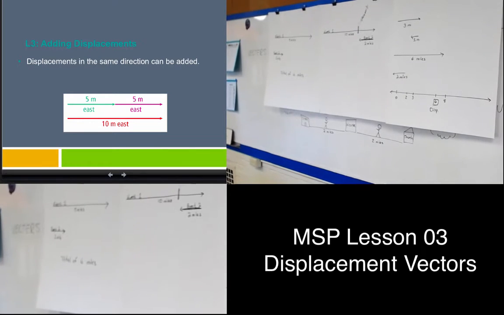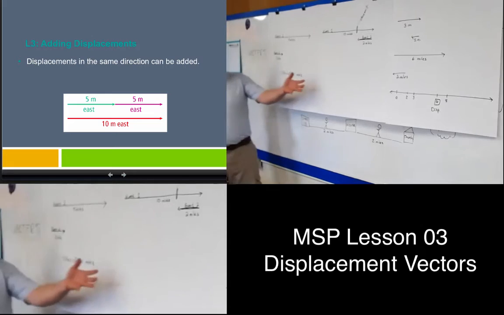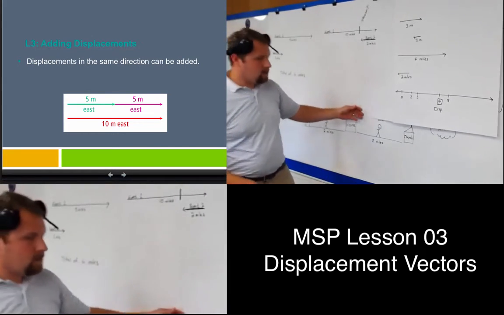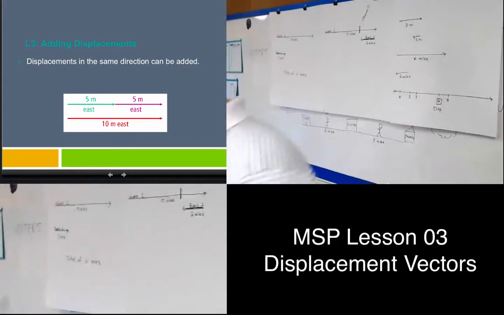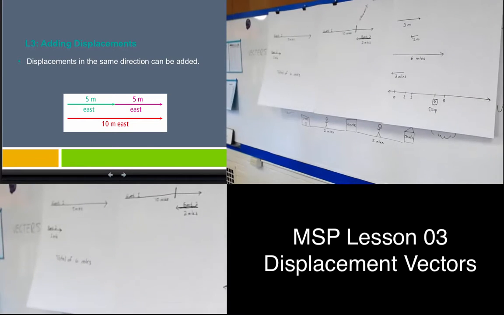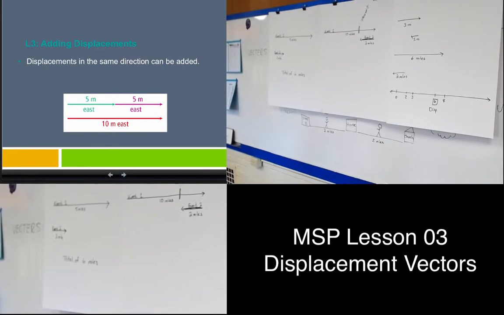They can represent direction, which is the whole point of an arrow, and they can represent a number. Now, the arrows I have up here today represent distances.